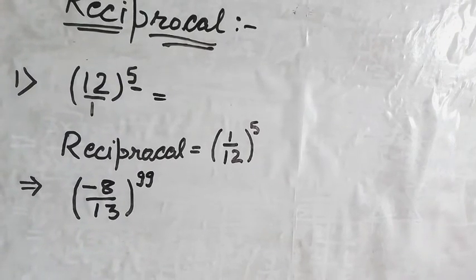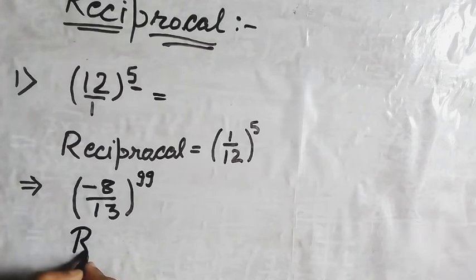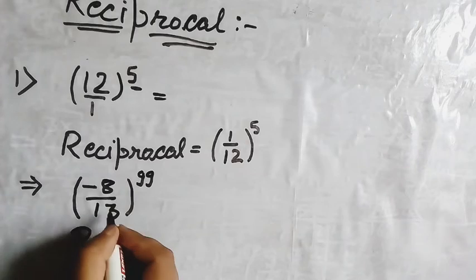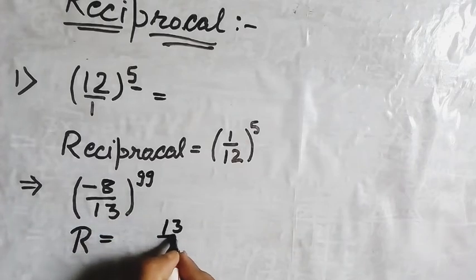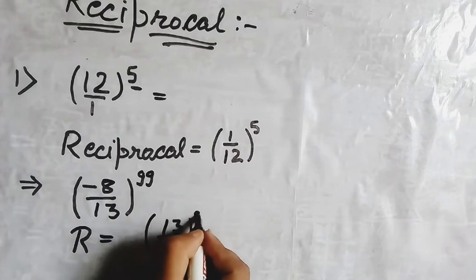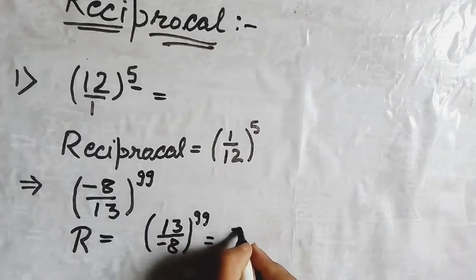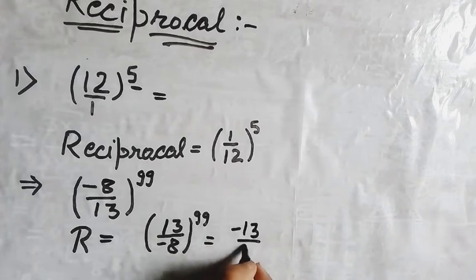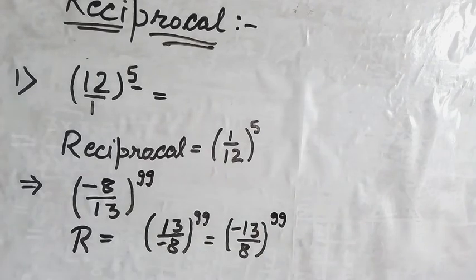So its reciprocal will be reciprocal of minus 8 upon 13 will be 13 upon minus 8, and the power will be as it is, 99 only. And the standard form of 13 upon minus 8 will be minus 13 upon 8, and the power will be 99.